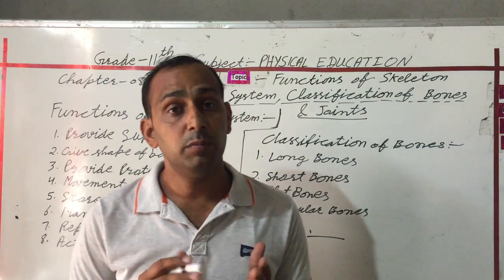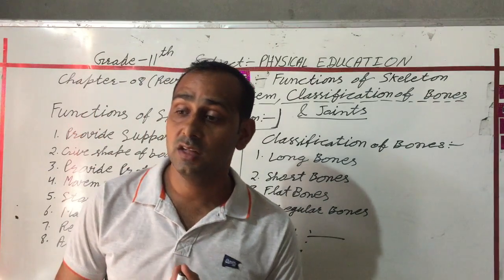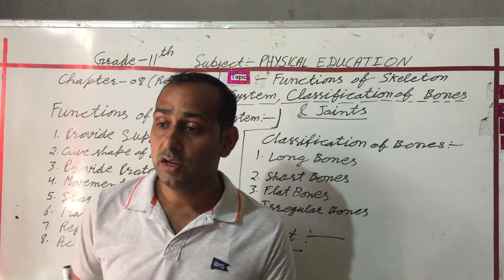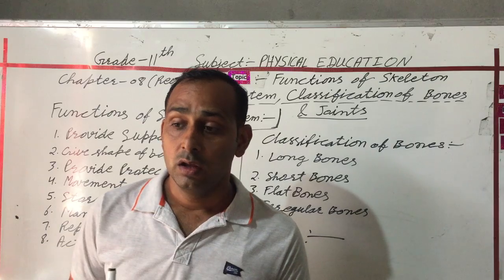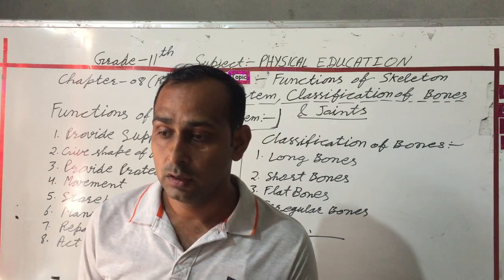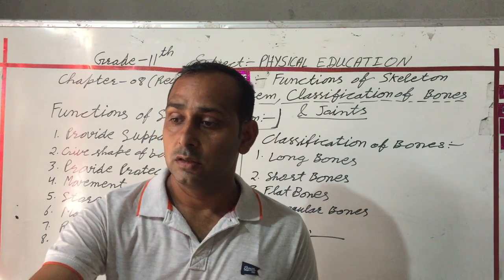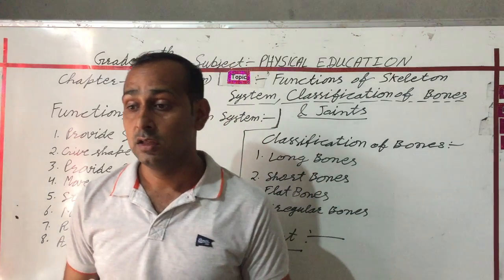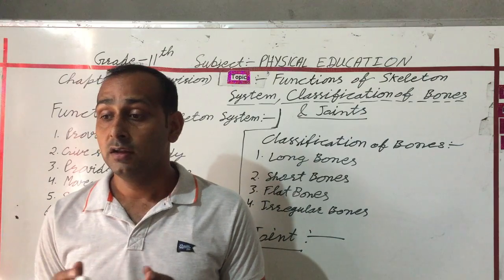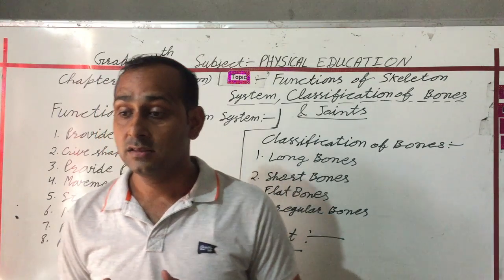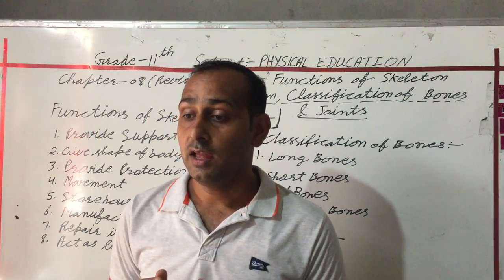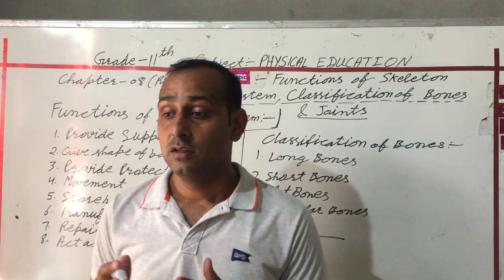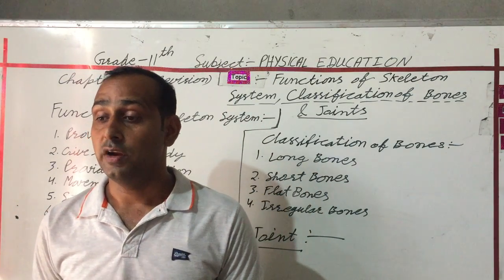Third is the freely movable joints. In all these freely movable or synovial joints, the joint is filled with synovial fluid, which acts as a lubricating agent to provide a slippery surface to the joint.